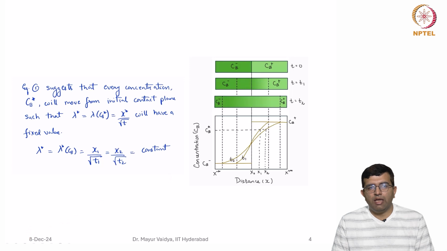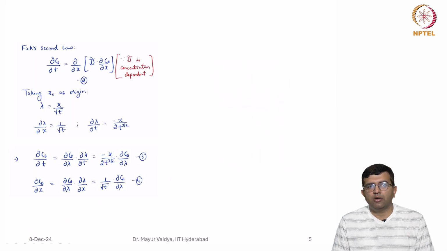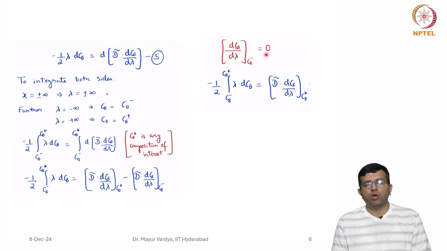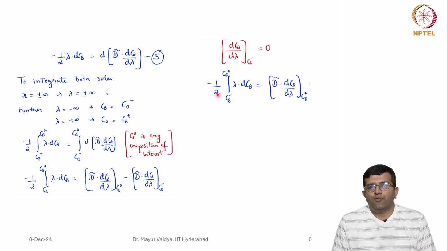So, therefore, I can write that dCb by d lambda at Cb minus is equal to 0. And therefore, we have minus 1 by 2 integral Cb minus to Cb star of lambda dCb is equal to d tilde into dCb by d lambda at Cb star.